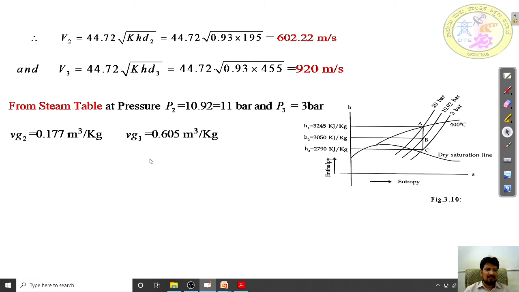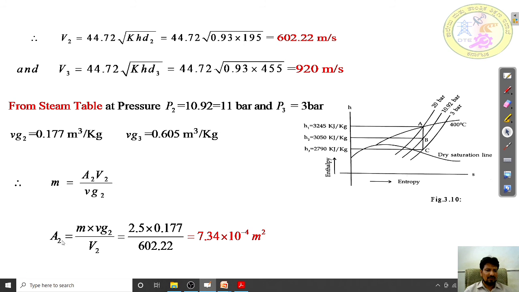Now once we know the values of Vg2 and Vg3 corresponding to a pressure of 11 bar and 3 bar, we know the formula for calculating the mass of steam flowing through the throat area, that is M is equal to A2 V2 divided by Vg2. Therefore, A2 is equal to M into Vg2 divided by V2.